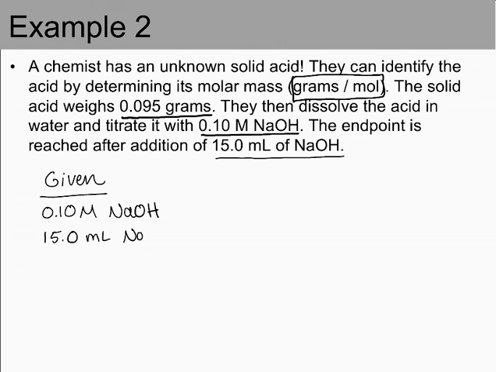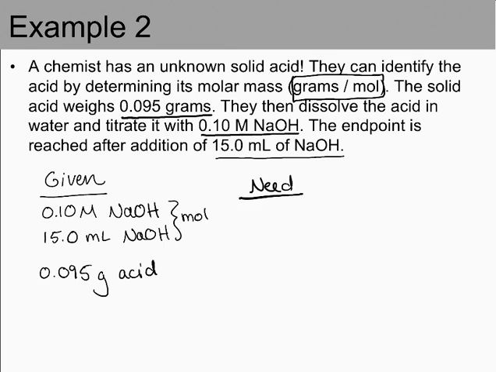So we also have the volume, and remember that will give us moles of NaOH. We're also told that the mass of the acid is 0.095 grams. And what we need to find is the molar mass of the acid.